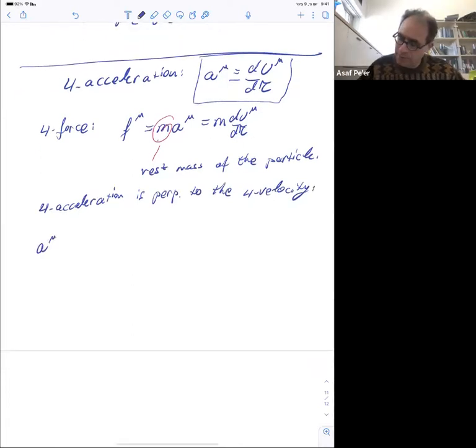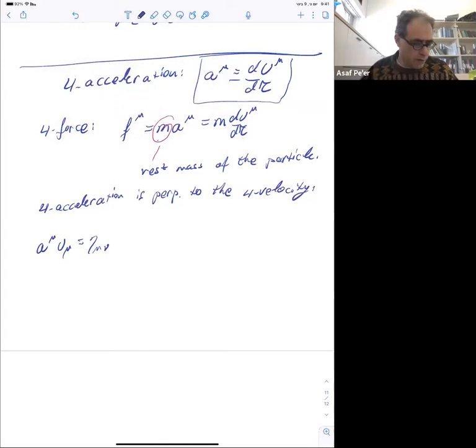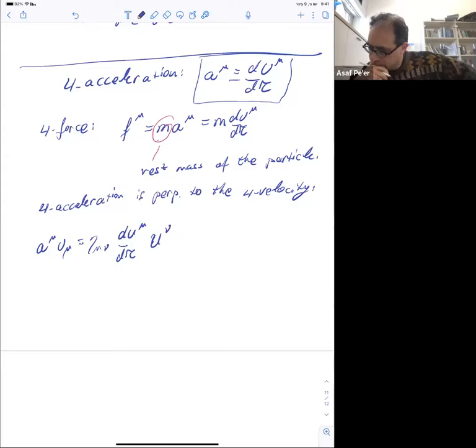A^μ u_μ is η_μν A^μ u^ν. I just wrote a^μ as du^μ over dτ, and u_μ I wrote as η_μν times u^ν.